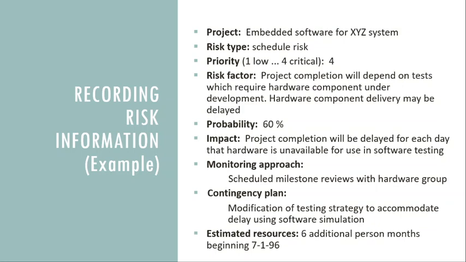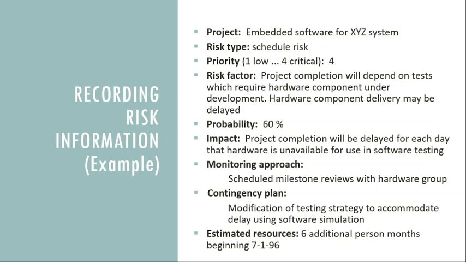So what are the risk factors here? Project completion will depend on the test, which requires hardware components under development, and hardware component delivery may be delayed. So these are some of the risk factors, isn't it, that may cause the risk. They may delay and impact the schedule. So this has to be identified.